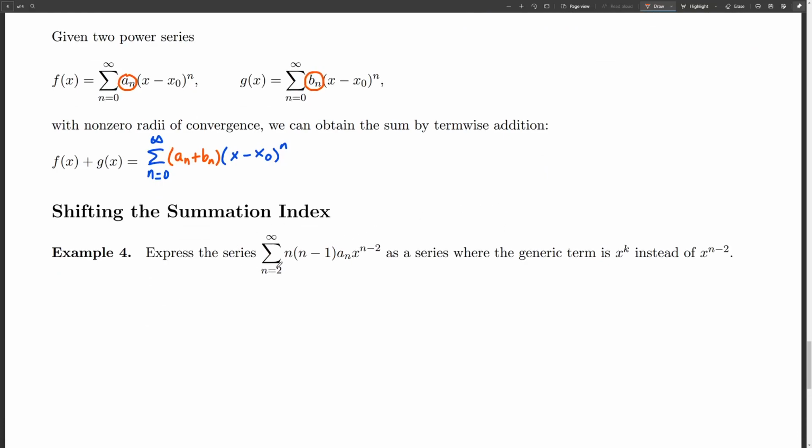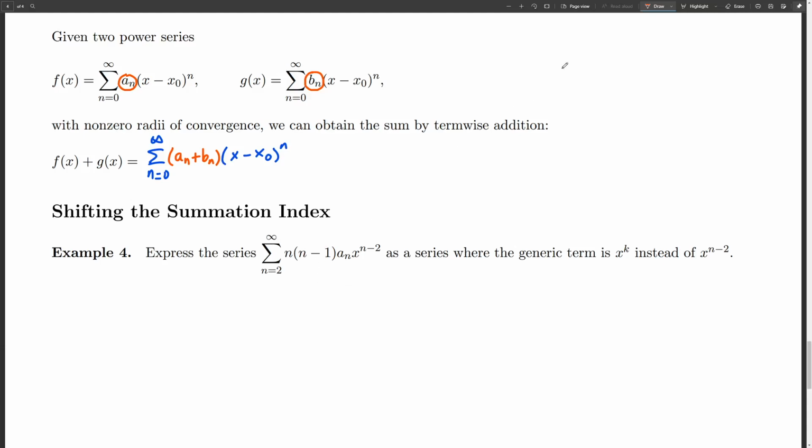Express the series summation from n equals 2 to infinity of n times n minus 1 times a sub n times x to the power n minus 2 as a series where the generic term is x to the power k instead of x to the power n minus 2. So we have some freedom in defining what the power of each term is.